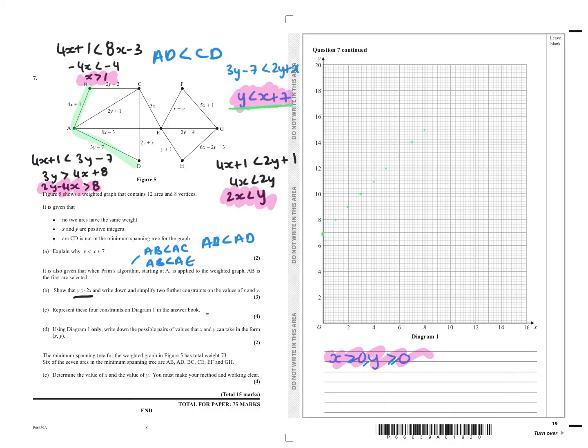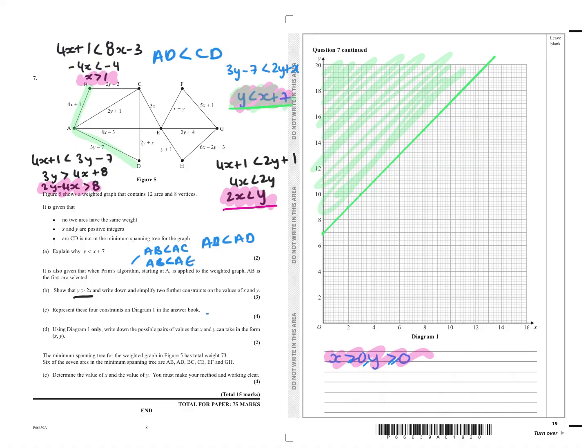Once we've drawn that, we're then going to do the shading. It says we want less than, so we're going to shade what we don't want, which is above. So that's that one done.